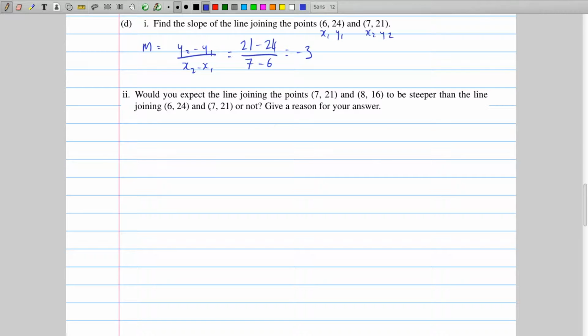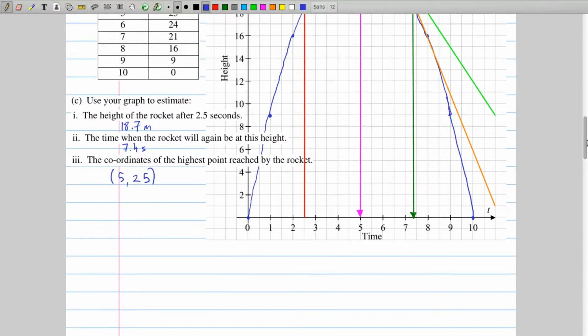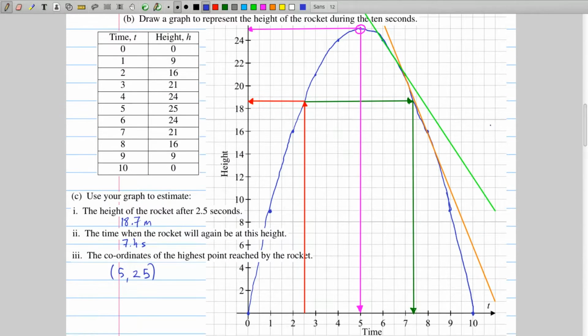The second part of D asks us to compare two lines and asks which one we would expect is steeper. We can actually try and plot both of these lines back on the graph above. So we have one line going between (6, 24) and (7, 21), that's this green one. And the other line goes between (7, 21) and (8, 16), that's the orange one.